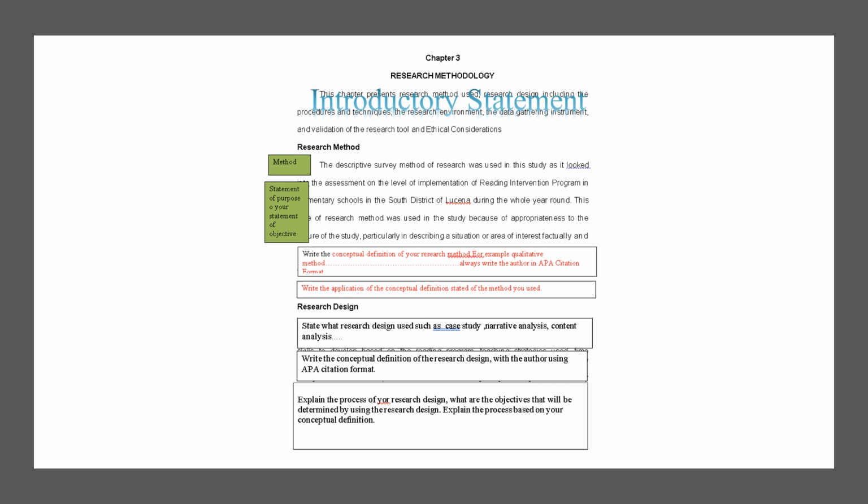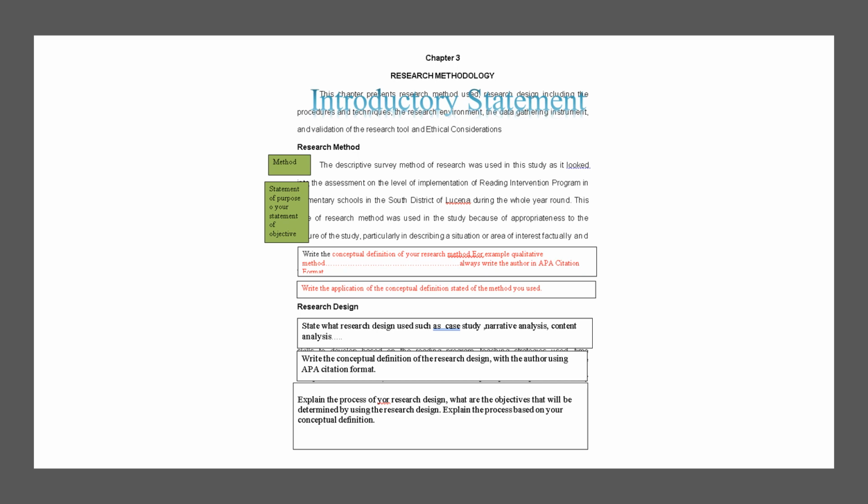The first one is the research method. In the research method, you are going to describe or identify what method you are going to use for the study.